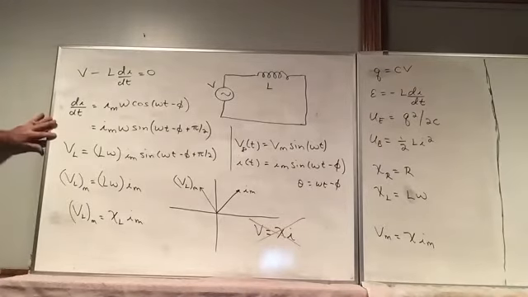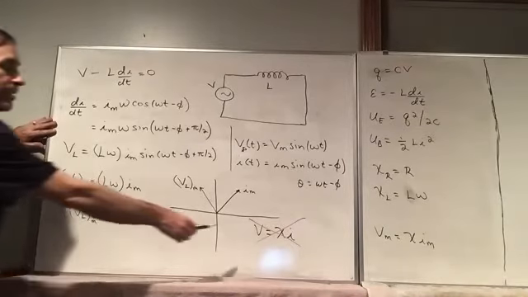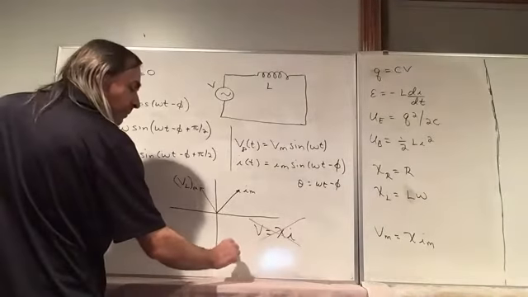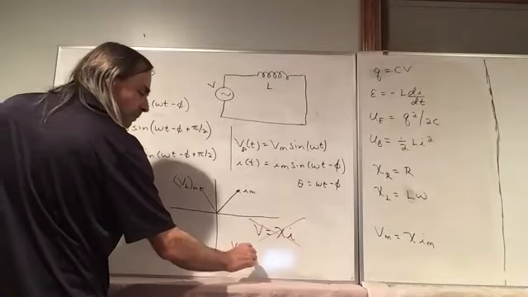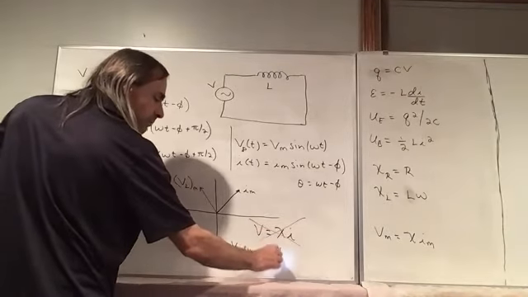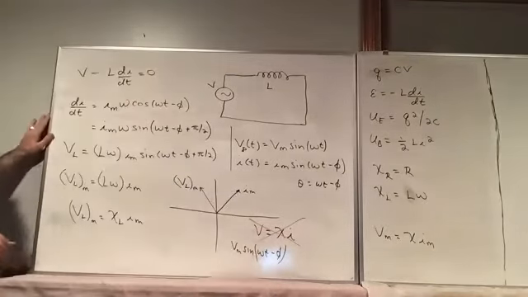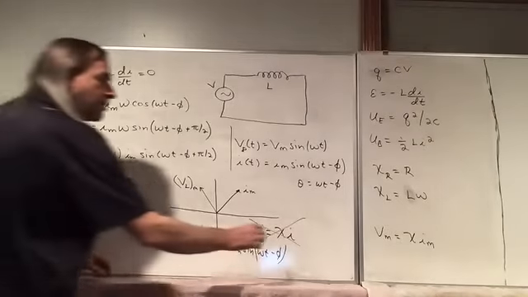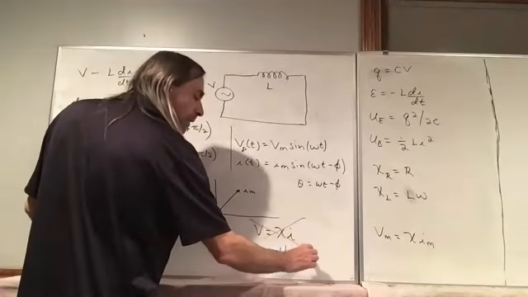So like here, if we set this to be true, the voltage is equal to that. The reactance is just a constant.